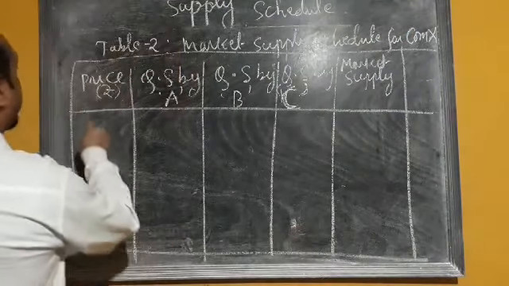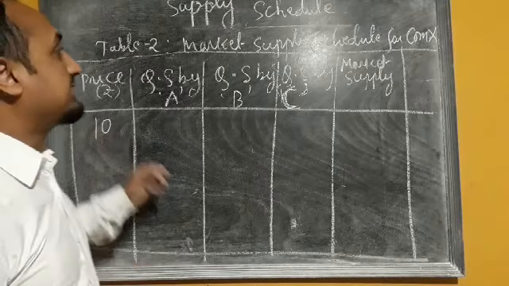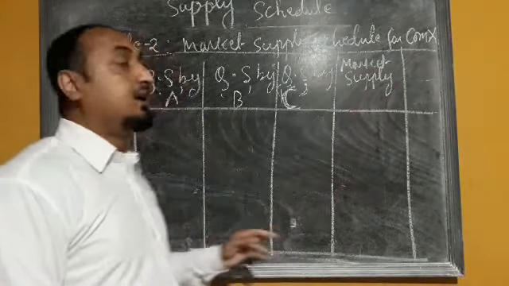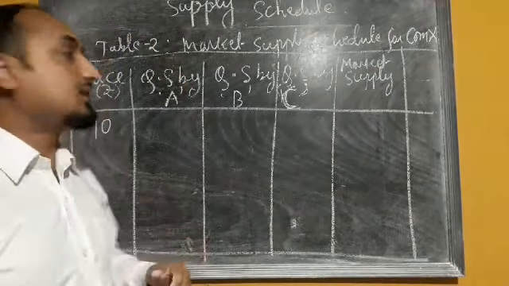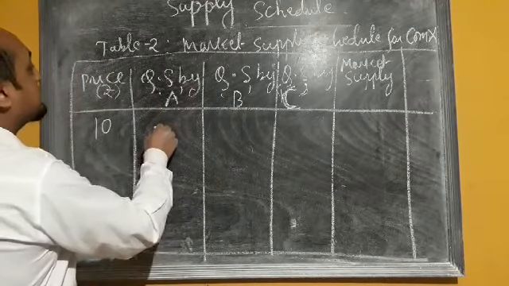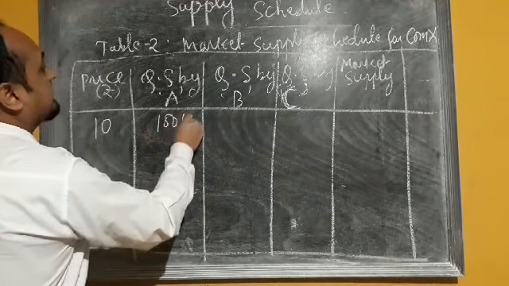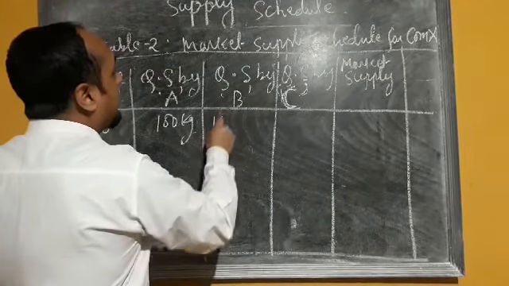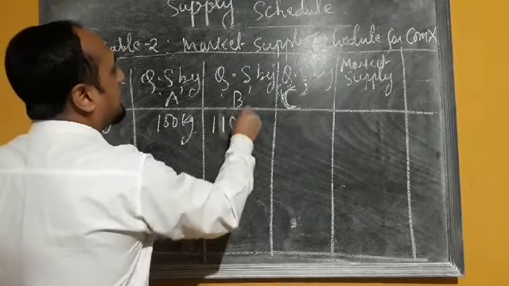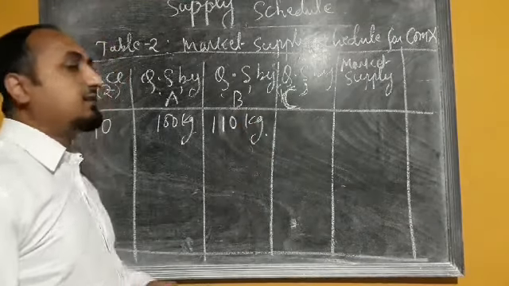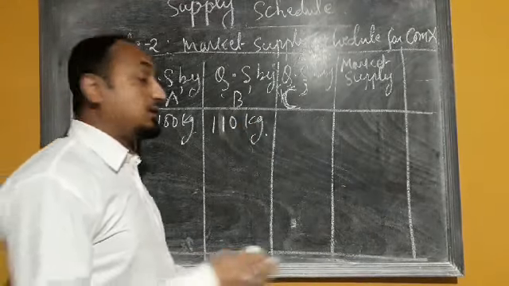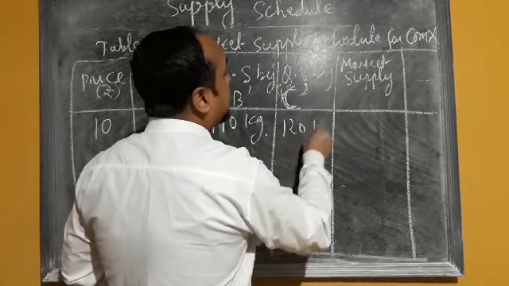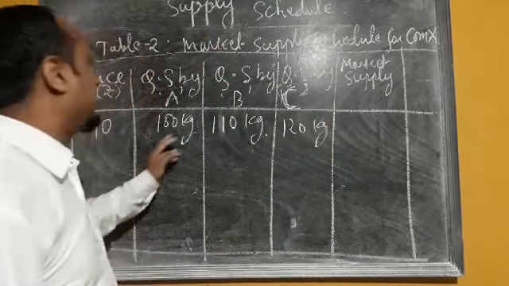Suppose the price of commodity X is rupees 10, and the quantity supplied by producer A is 100 kg, that of producer B is 110 kg, and producer C is supplying 120 kg.